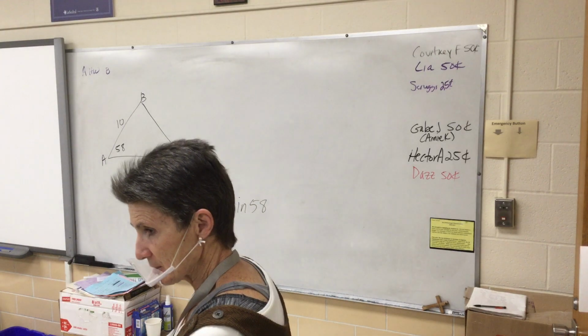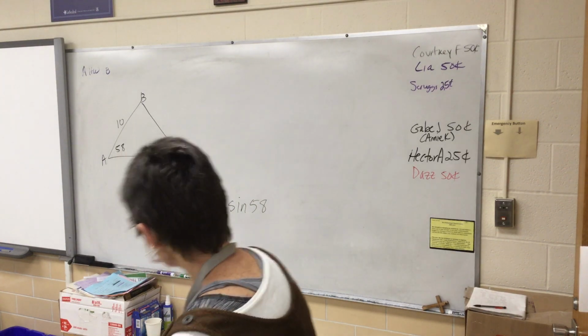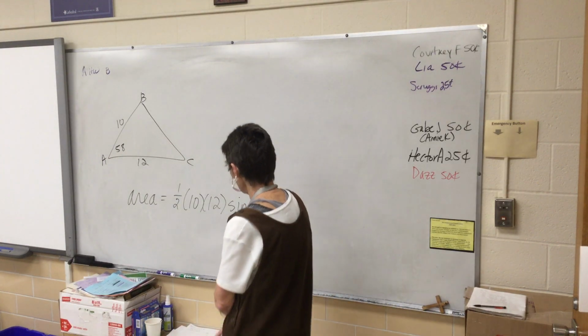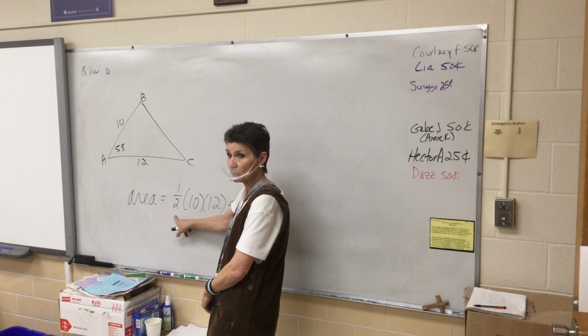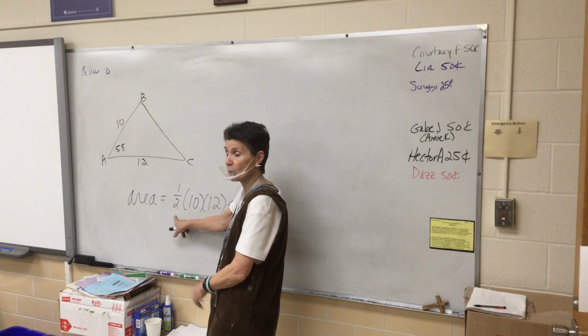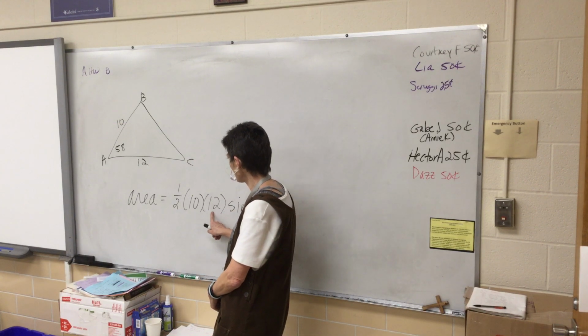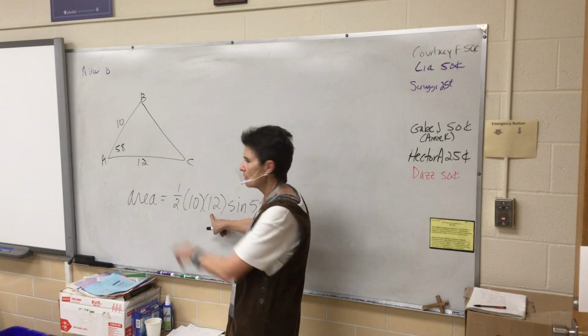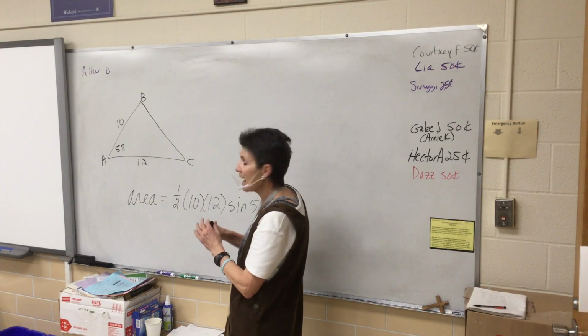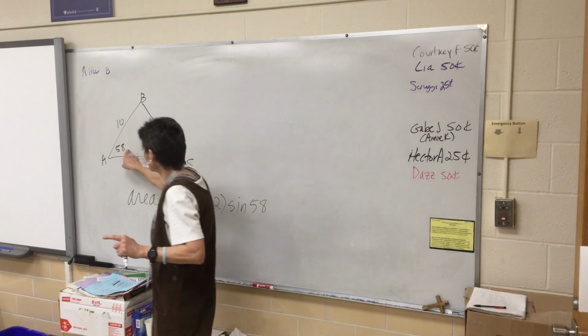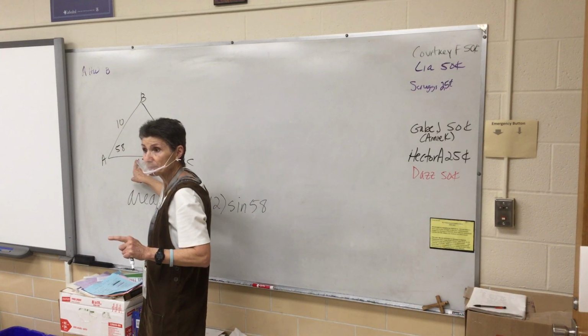Now wait a minute, Mrs. Ford, where did those numbers come from? Well, the 1/2 is always there. 1/2 base times height, that 1/2 is always there. What are the 10 and the 12? Those are the 2 sides. And the 58 is the angle that is between the 2 sides.